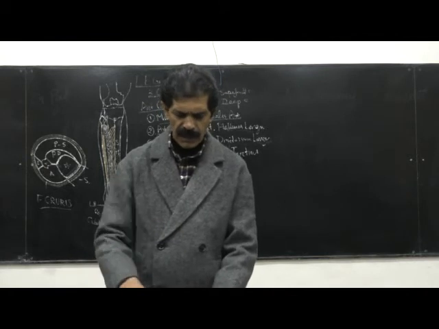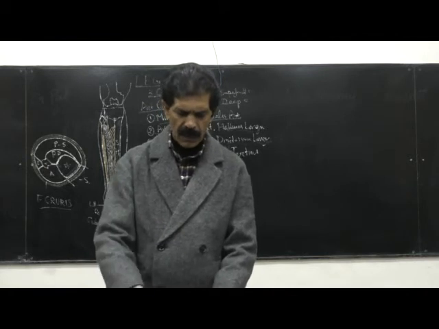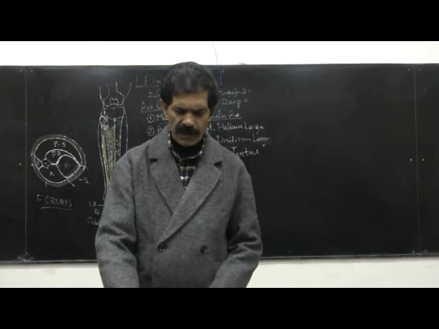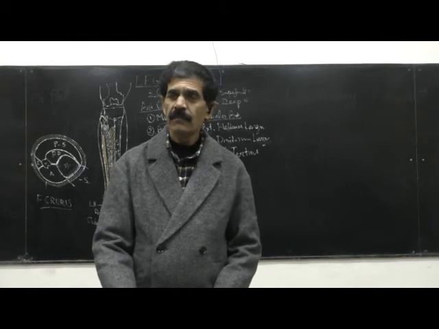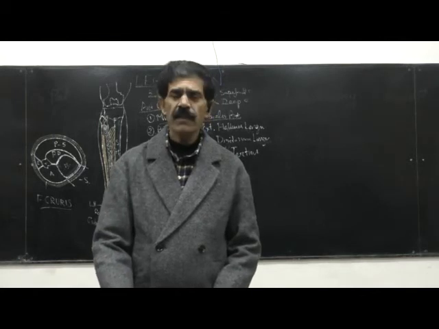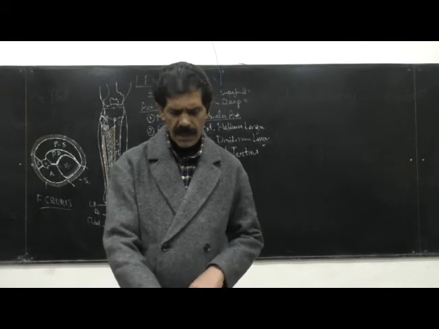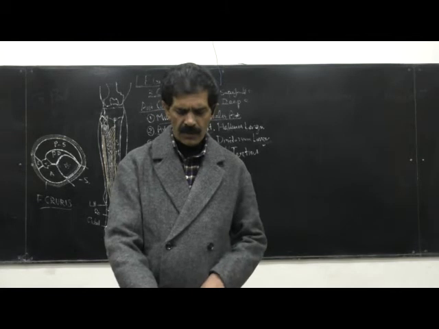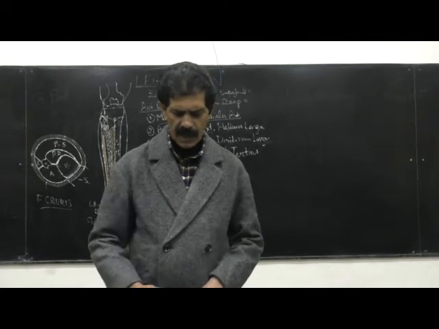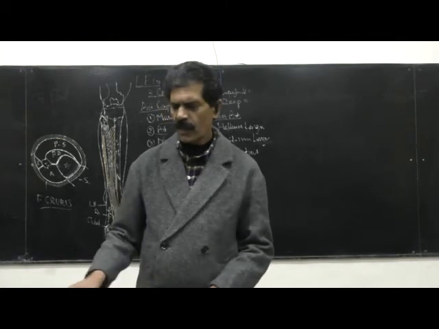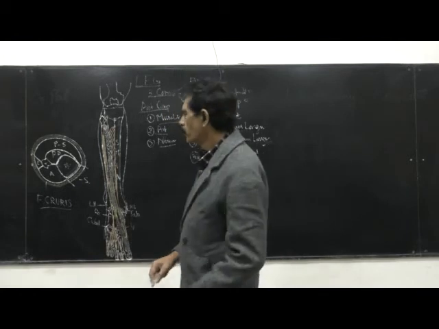So when this muscle acts, all the tips of the fingers will move in an upward direction. What is this action? This is the dorsiflexion at the ankle joint. So this is how we do the third muscle.